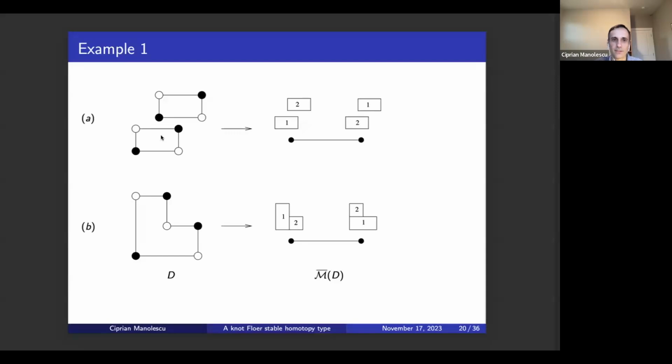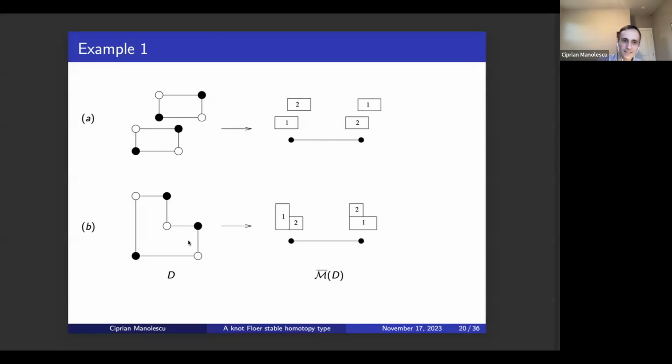If you go this way, you do this rectangle first, and secondly the other. Or if you go in the other direction, you have another point, and the moduli space corresponding to two rectangles is just going to be an interval between the two points.